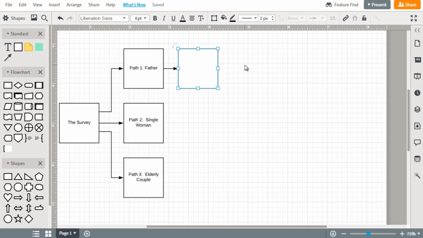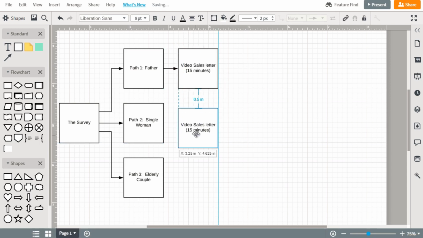Perhaps what we find out during the process of gathering data is that the father barely has any time. So we create a video sales letter and we minimize it down to 15 minutes or even 10 minutes. And perhaps we find the same thing for the single woman or the married woman who's really busy.